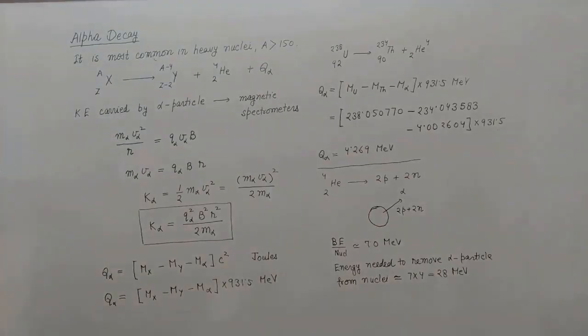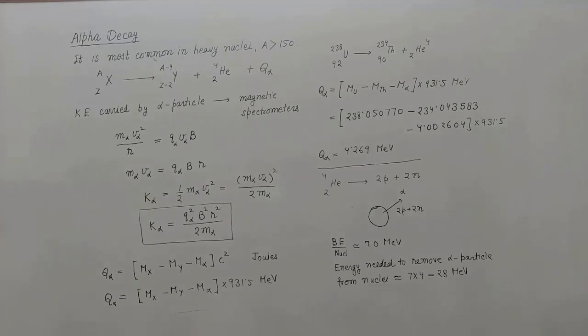And later on, in this discussion of alpha decay, we will find out that this alpha nuclei doesn't pre-exist inside the nuclei, rather it is formed. This alpha particle, or this helium nuclei, is formed only at the time of the emission. So at the time of emission, the alpha particle is created inside the nuclei.